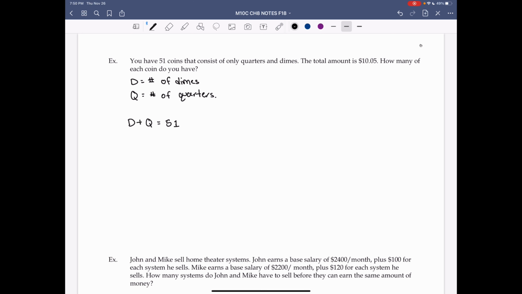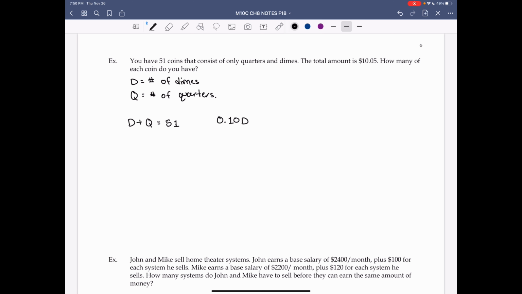Our second equation, the other piece of information we haven't used, is the total amount is $10.05. So the total dollar amount of the dimes and quarters is $10.05. To figure out the dollar amount of the dimes, each dime is 10 cents, which as a dollar is 0.10.